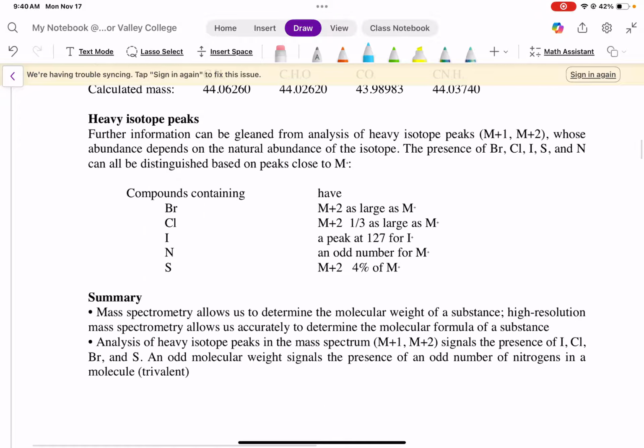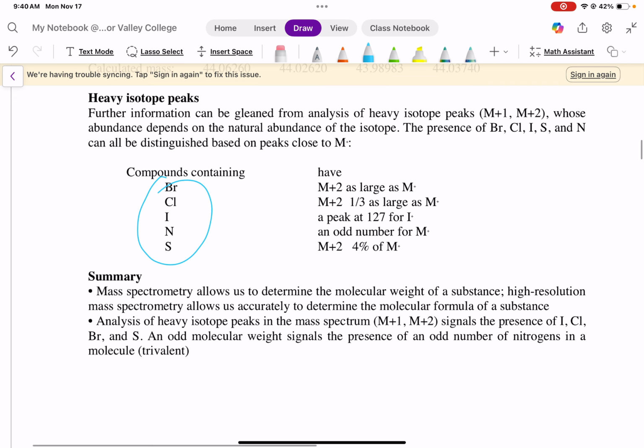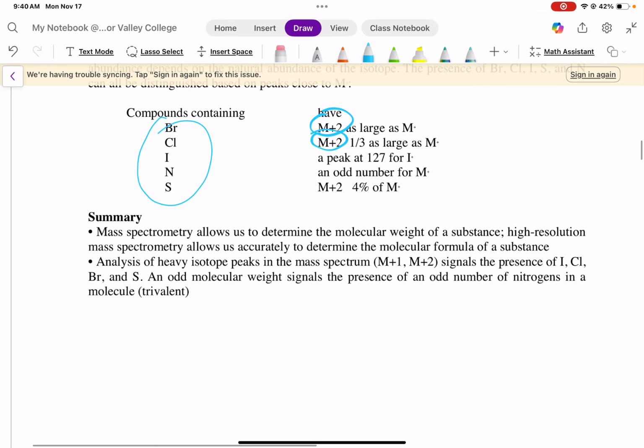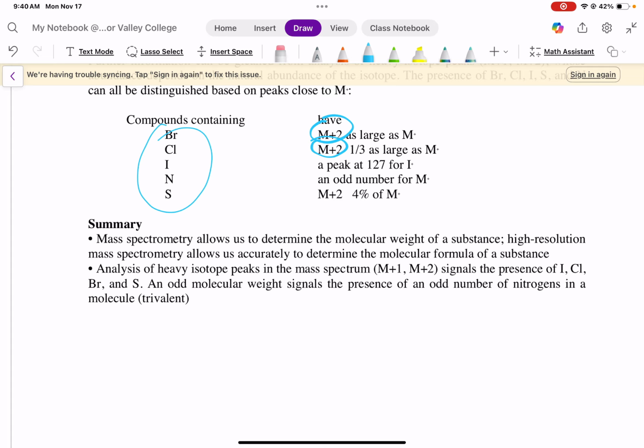When you see elements with isotopes, then sometimes you see more signals due to the isotopes. So bromine, for example, you have 2 isotopes, 79 and 81.